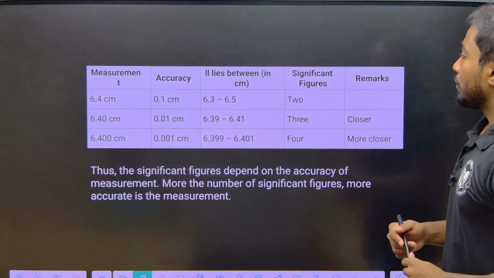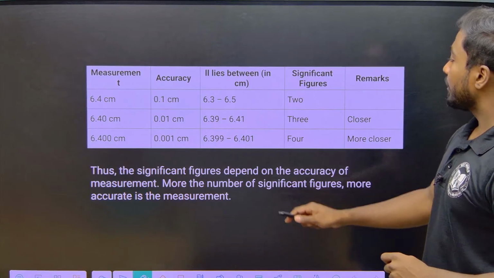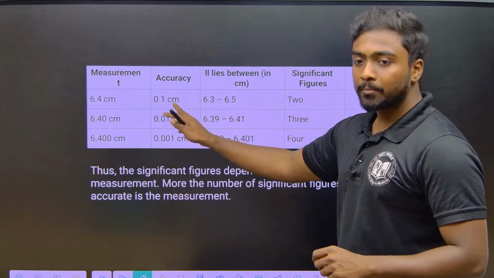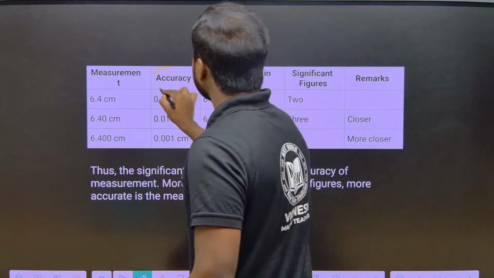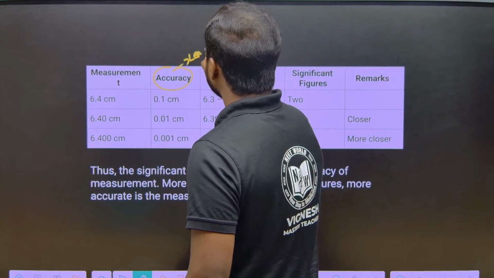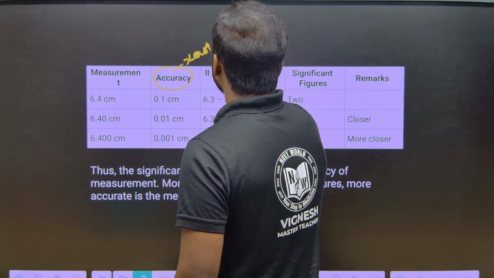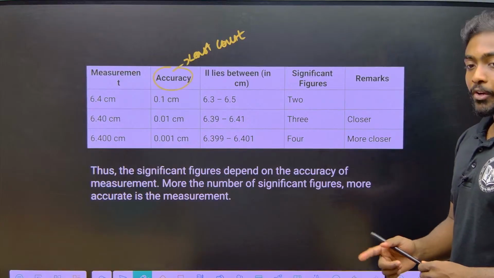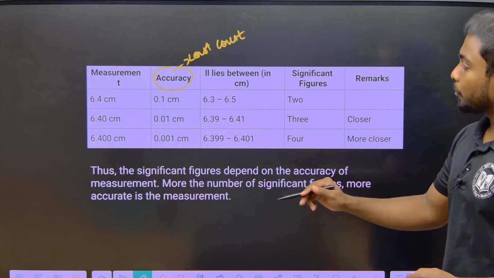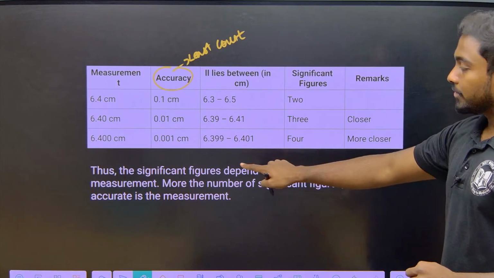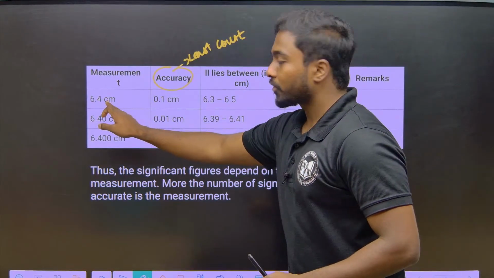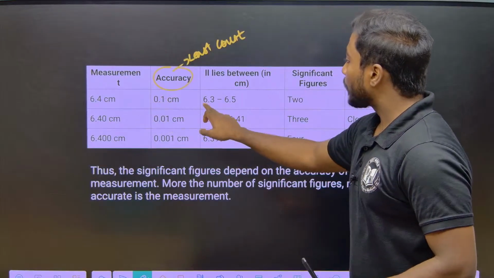Now the measurements are there, accuracy is there. For 6.4 centimeter, the accuracy will be 0.1, that is the least count. 6.40 centimeter, 0.01 centimeter; 6.400 centimeter, 0.001 centimeter. If I see 6.4 centimeter, it lies between 6.3 and 6.5.